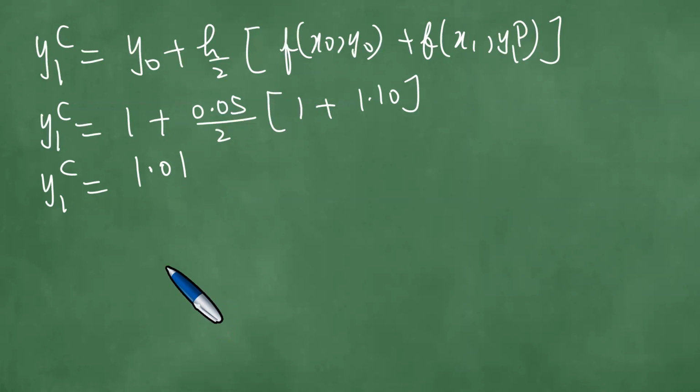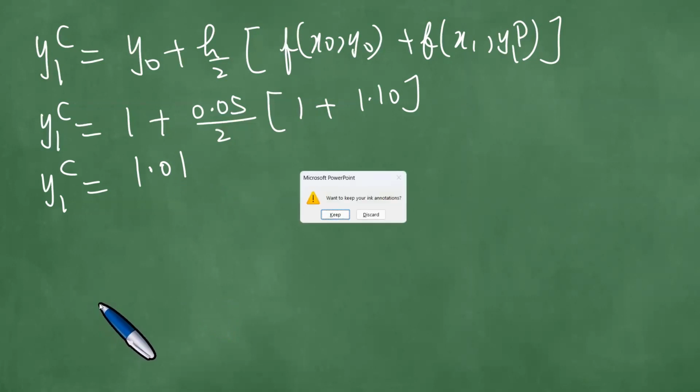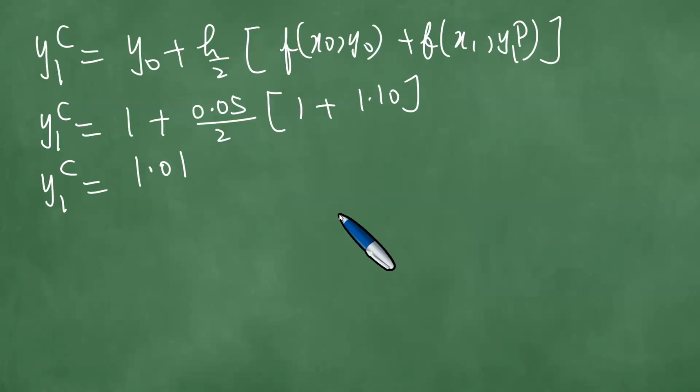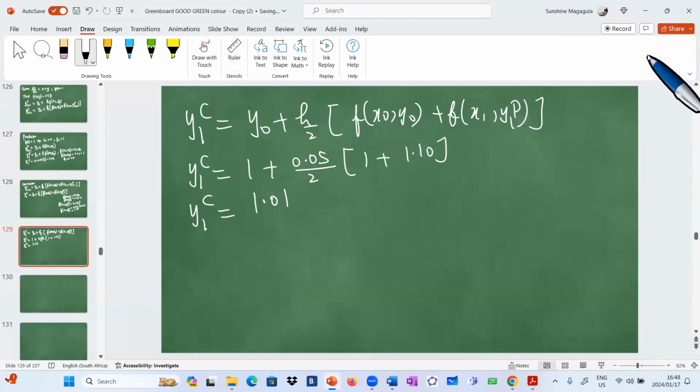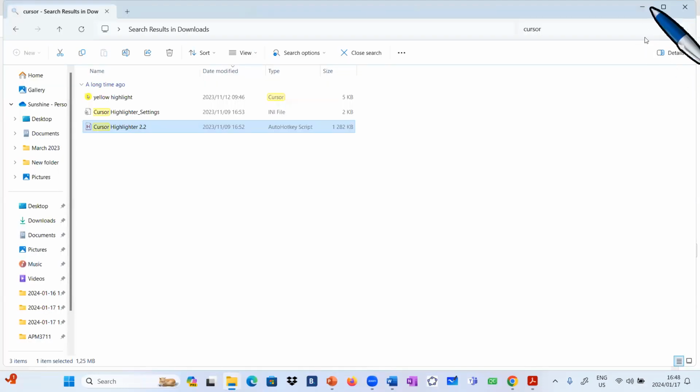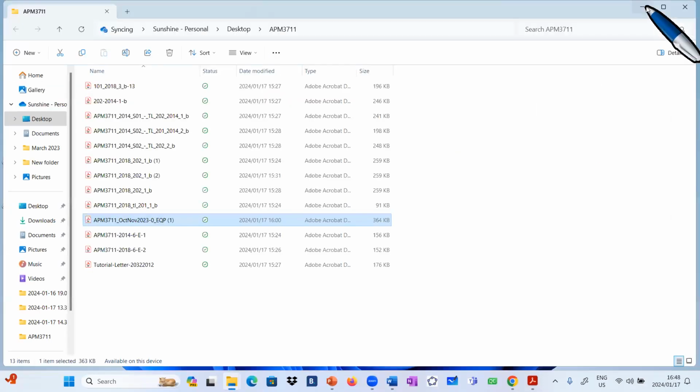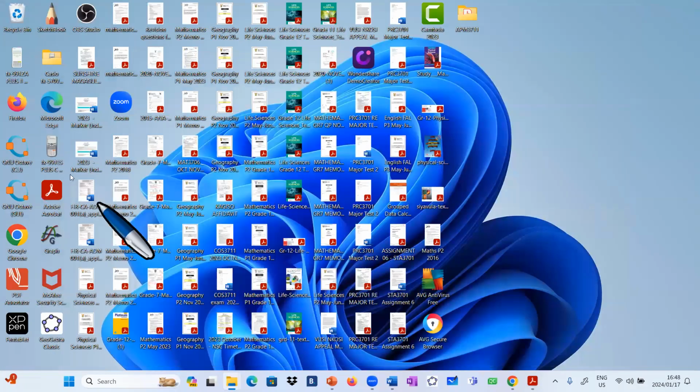I'm going to write a bit more decimals, so let me use a calculator on the screen, because if this answer is rounded off to 2 places, you're going to have huge truncation errors.